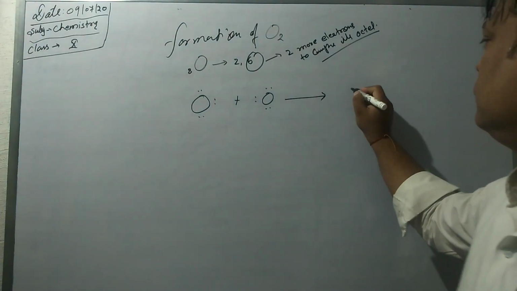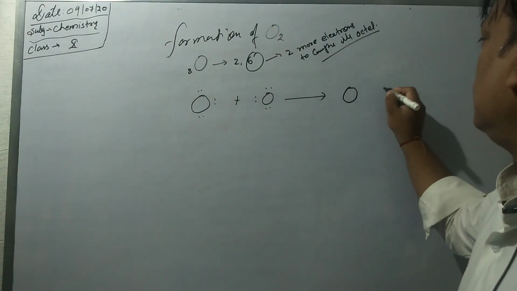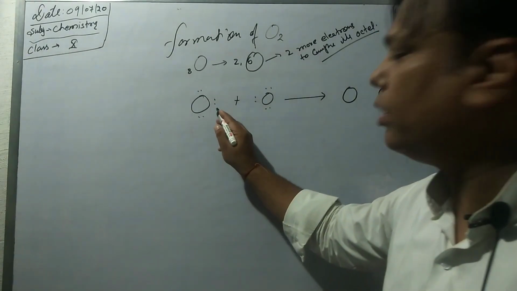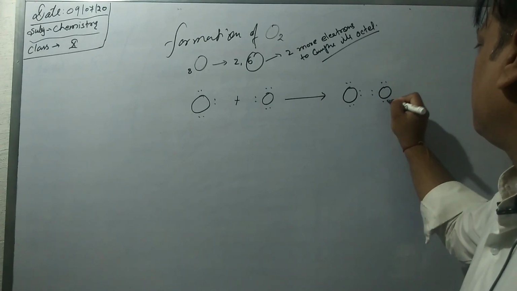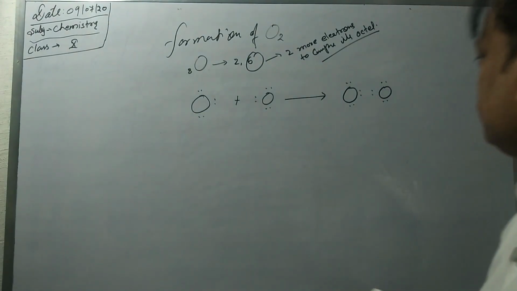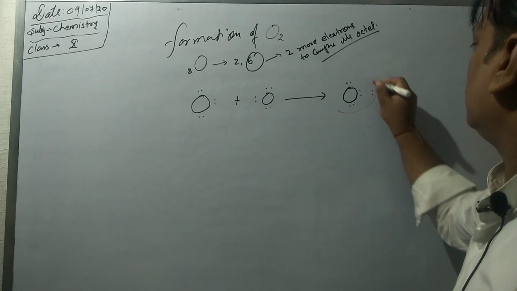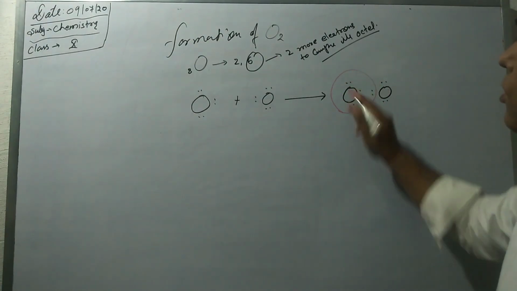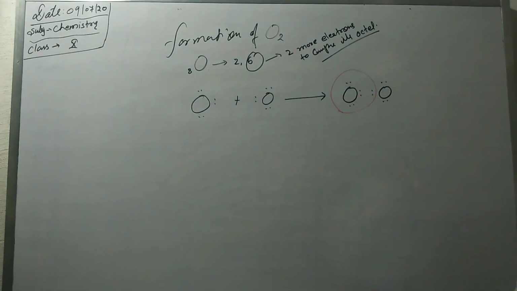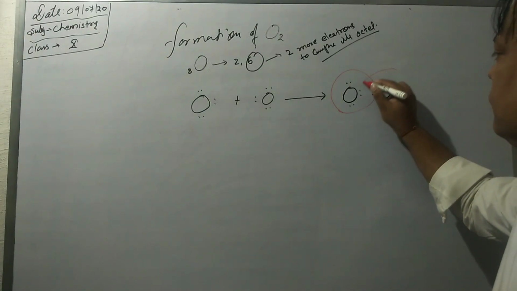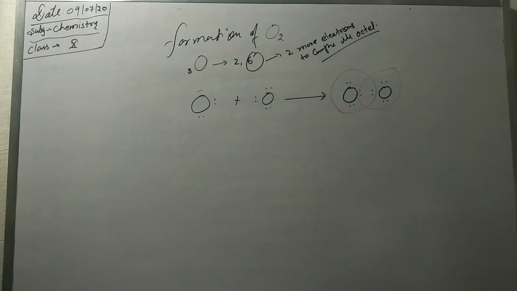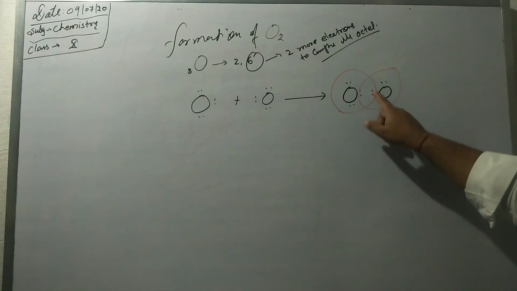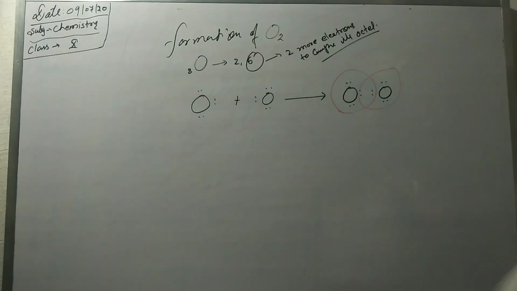Oxygen needs 2 more electrons. Now, each atom needs 2 more electrons to complete its octet, and here there are 2 shared pairs of electrons.